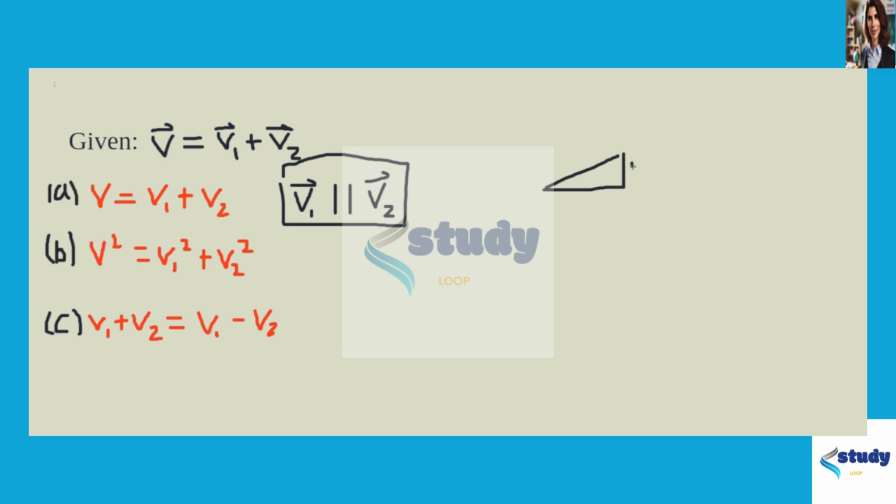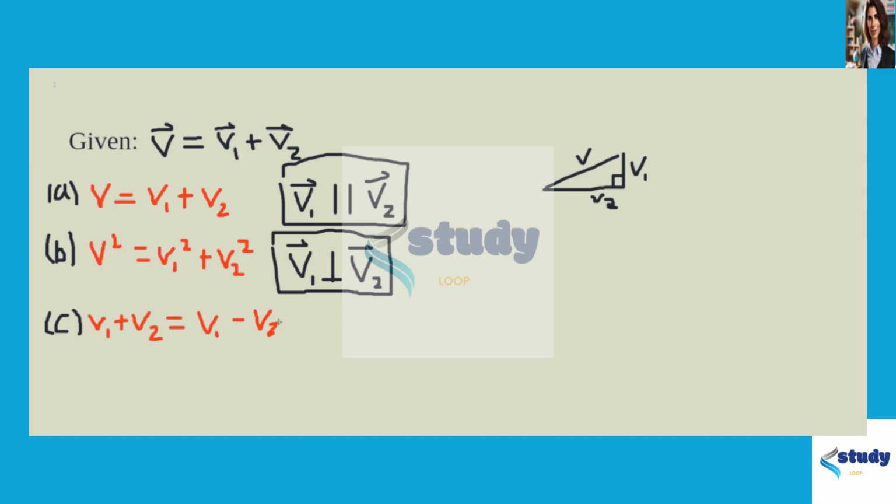Because that would mean this one is v1, this is v2, and if v1 squared plus v2 squared is equal to v squared, that must mean this is a right angle. So we can say, according to B, that v1 is perpendicular to v2, where these are both vectors. So we have to give them their vector symbol and box that in as our solution for part B.